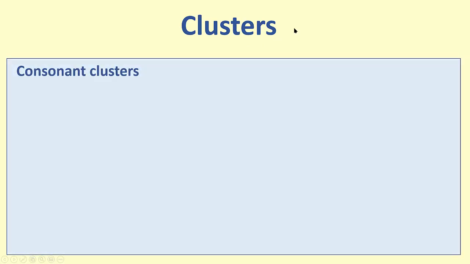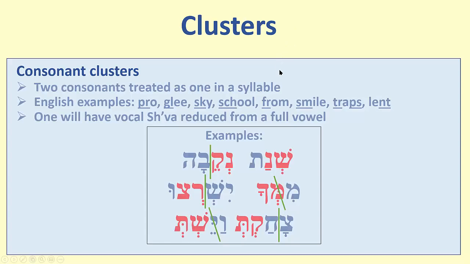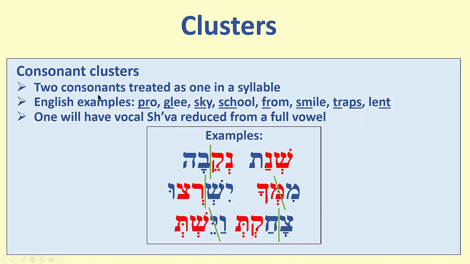All right, before we get too much further, I want to talk about clusters. When I say clusters, I'm talking about consonant clusters. Consonant clusters, in Hebrew, are two consonants that are treated as one consonant within a syllable. I can give you some examples in English of clusters. Here we have the words pro, glee, sky, school, from, smile.